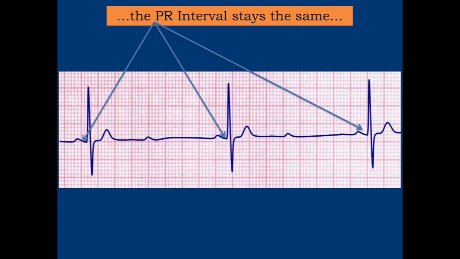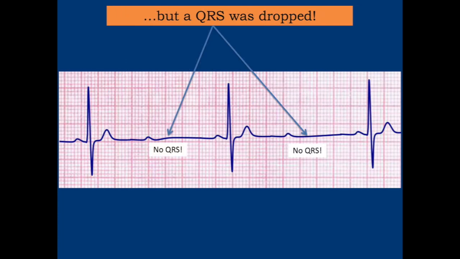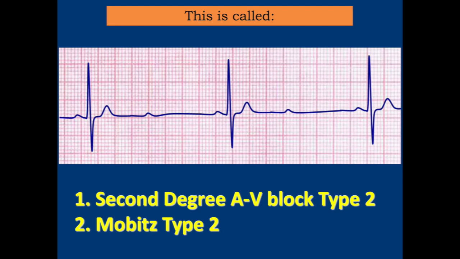That PR interval is still the same, but there's a QRS that's dropped. This is called second degree AV block type 2. So it's also called Mobitz 2. Notice that the PR interval stays the same. It doesn't get short, medium, long, extra long drop like we saw with Mobitz 1. So this is Mobitz 2 or second degree AV block type 2.